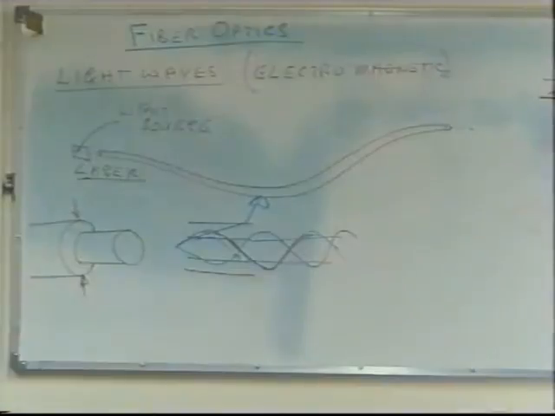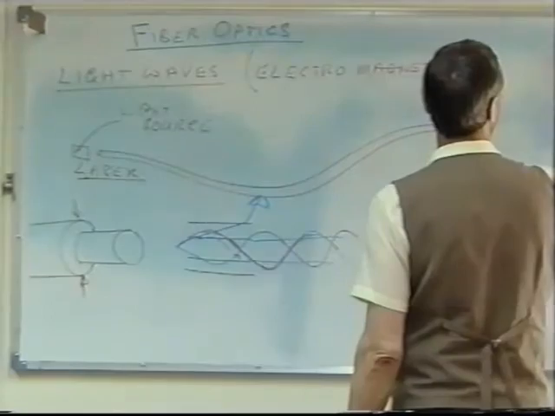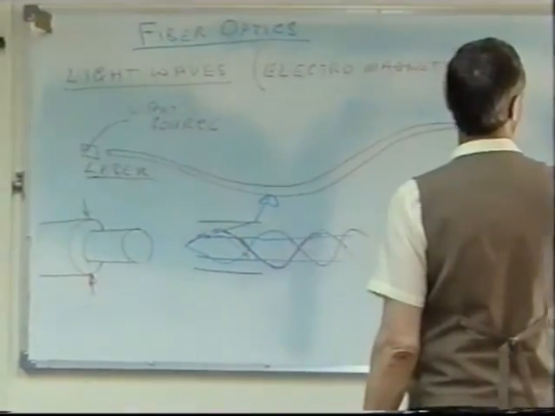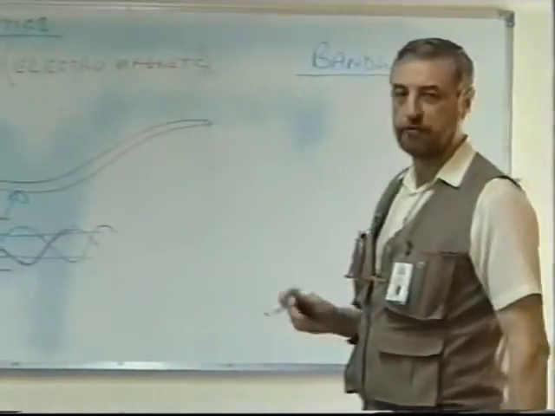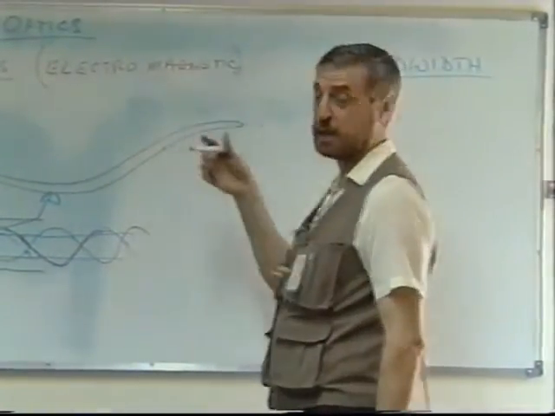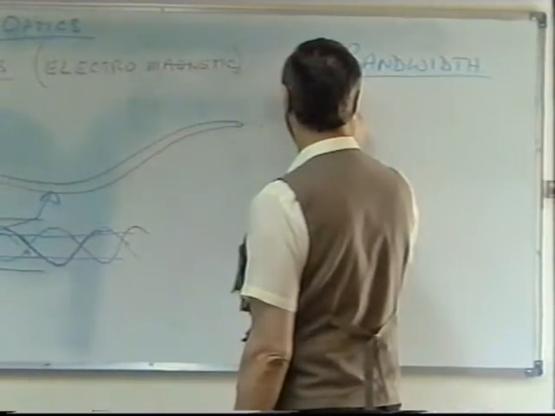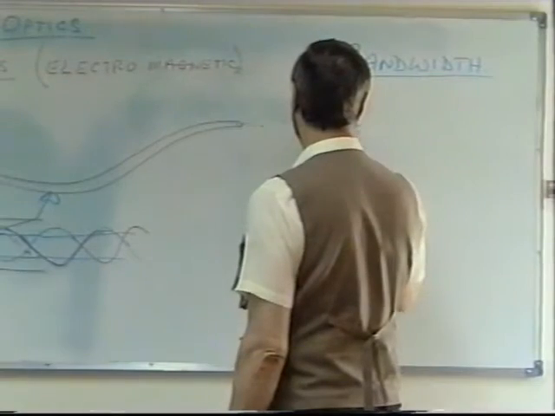Can we use it in telecommunication? Yes, it is used actually in that. If you remember when we talked about the different bands of frequencies in the RF range, we spoke about VHF and UHF and SHF.